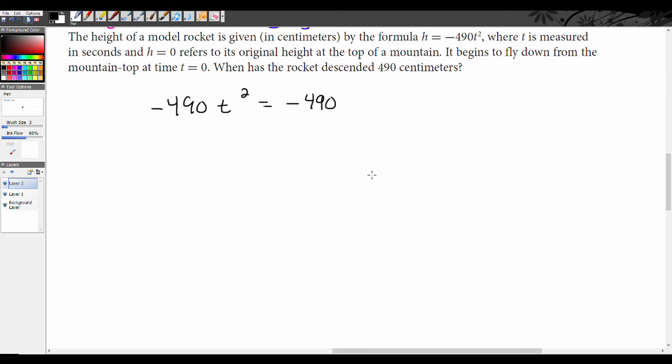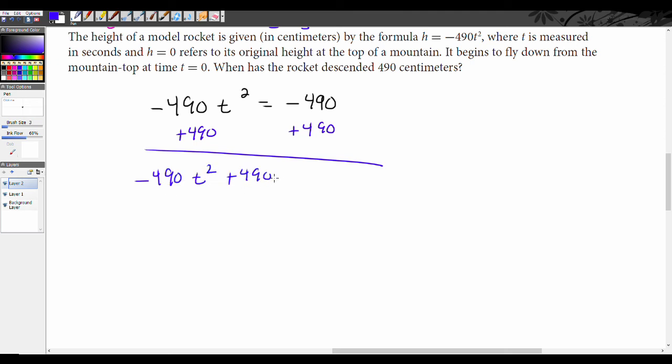So again, our first thing is to set this equal to 0. So we're going to add 490 to both sides, and we get negative 490 t squared plus 490 equals 0. Again, I don't want my a value to be negative. And I also notice that both of these end in 0.